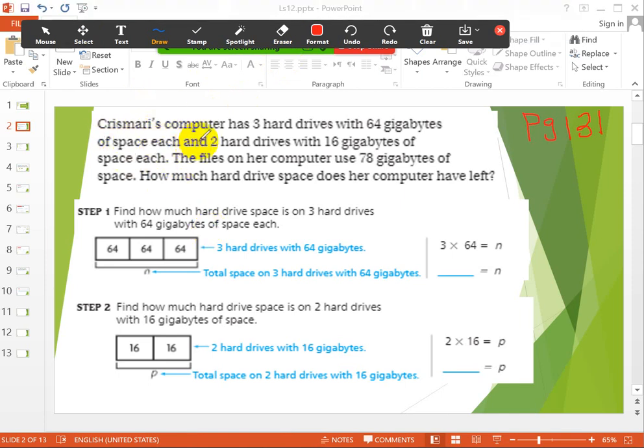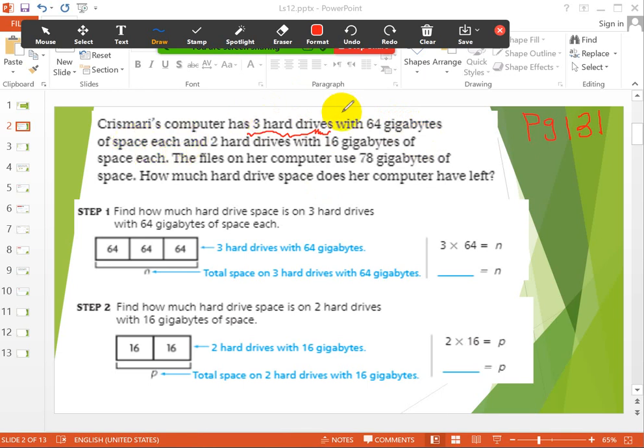Chris Mary's computer has 3 hard drives. You know the hard drives? You can find them in computers. So 3 hard drives with 64 gigabytes of space each.